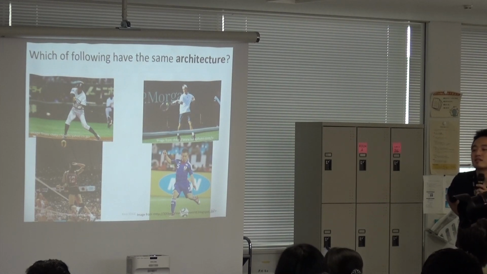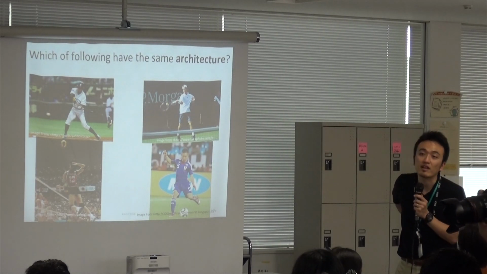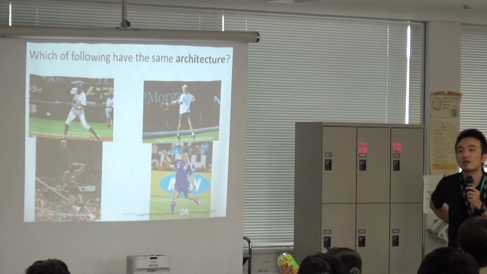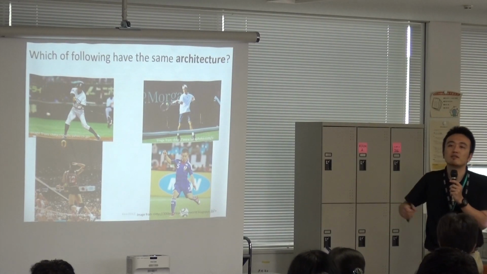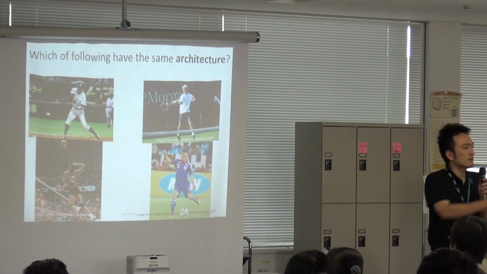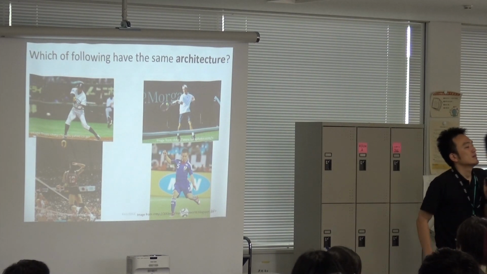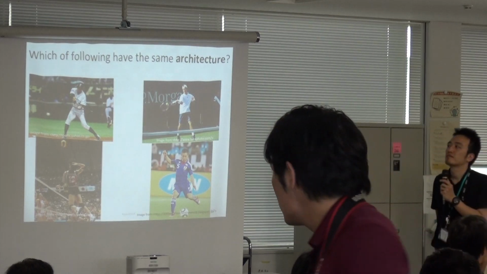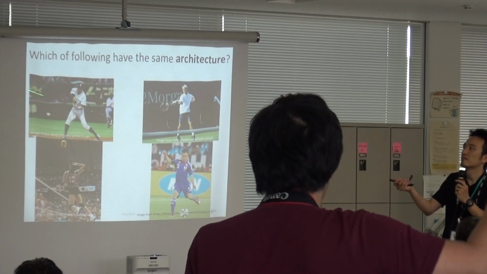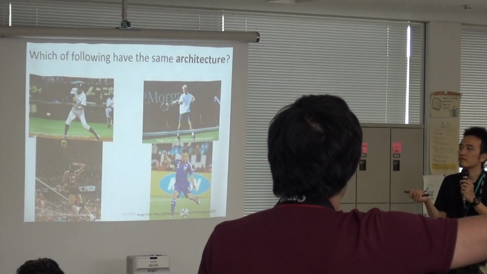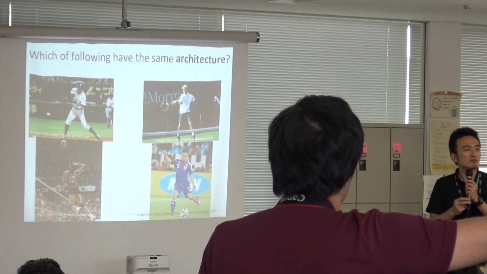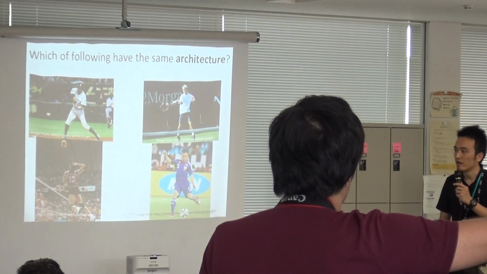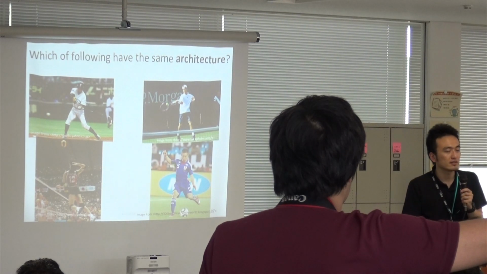So the net is the essential element, the physical element in each of the three architectures, but this one not. That's one way to see it. Go ahead. The baseball and the tennis use a racket, but the two down there use their body to hit the ball. Okay, yes. Indirect and direct.